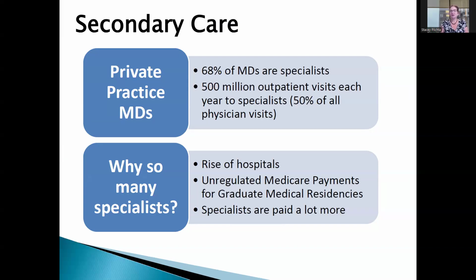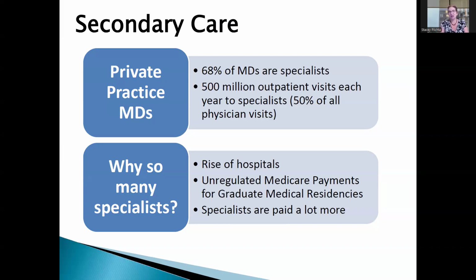Three things. First, rise of hospitals, right? So as more and more hospitals were built, more and more specialists came to be trained. Medicare pays for graduate medical residencies, but does not regulate what the residency has to be.